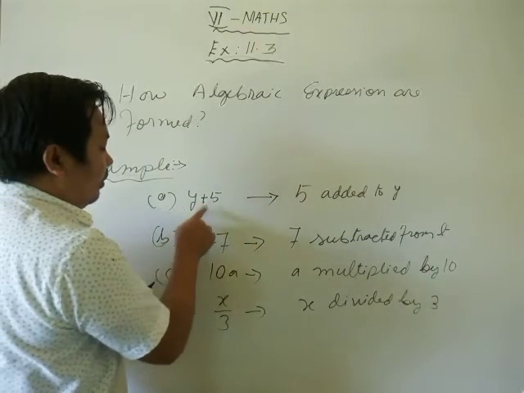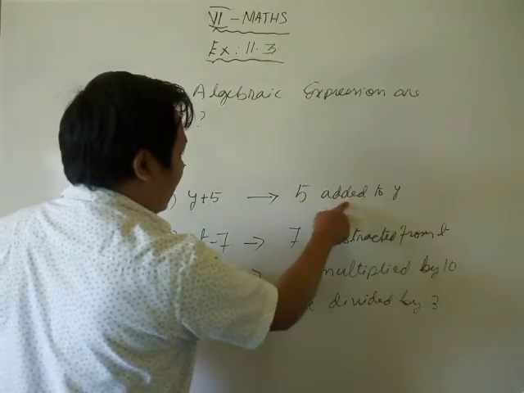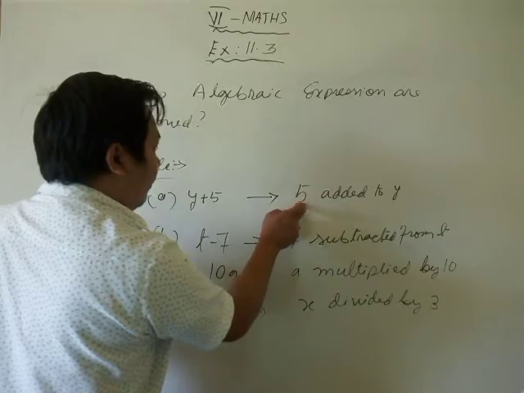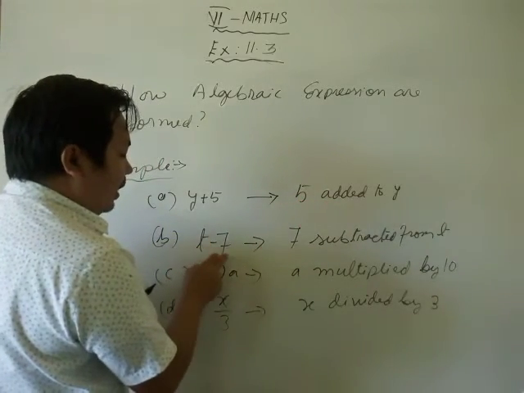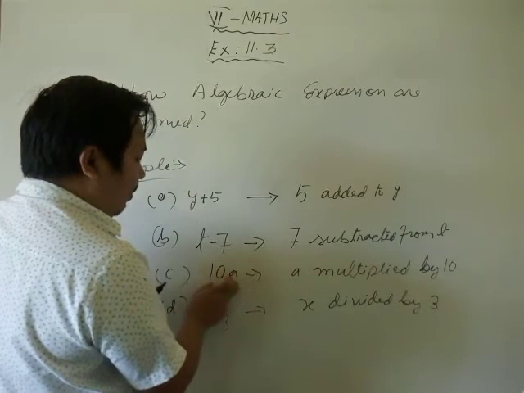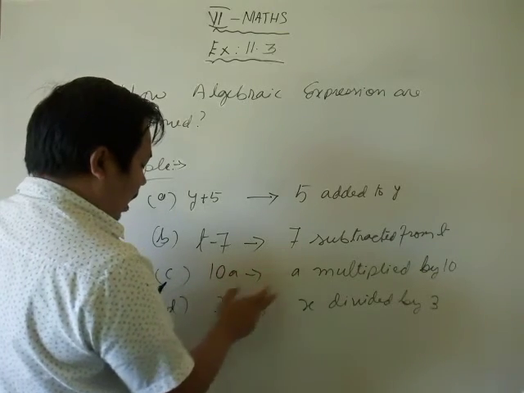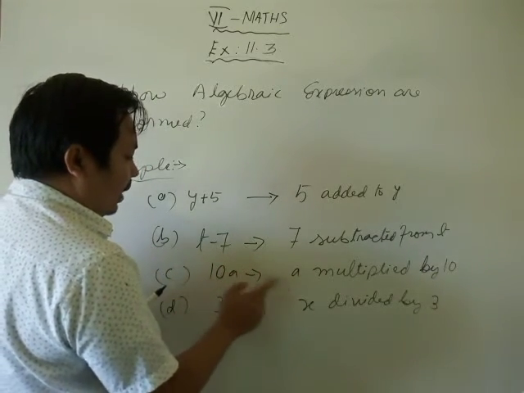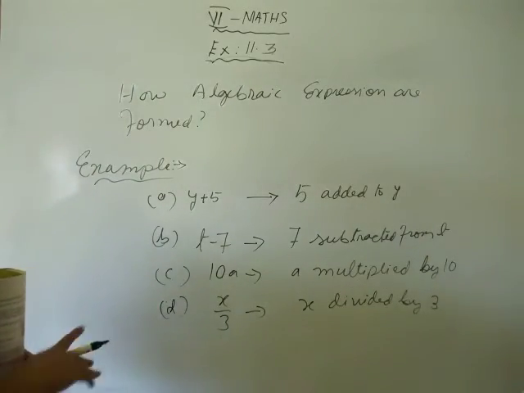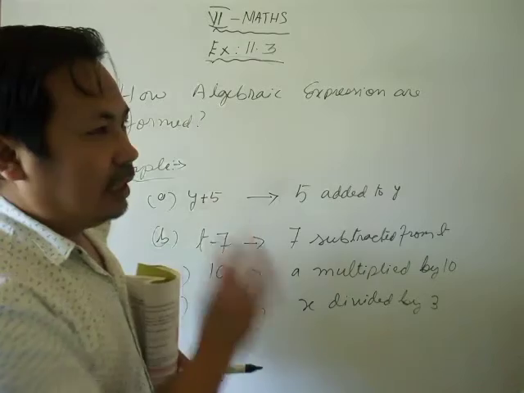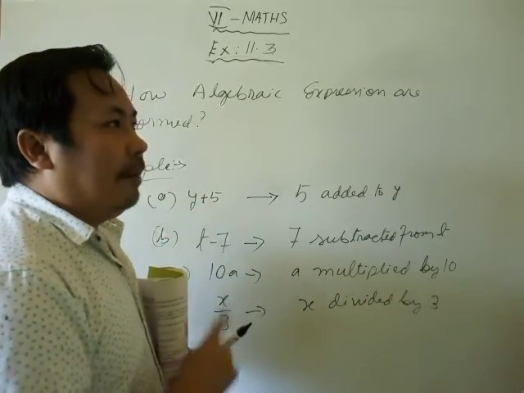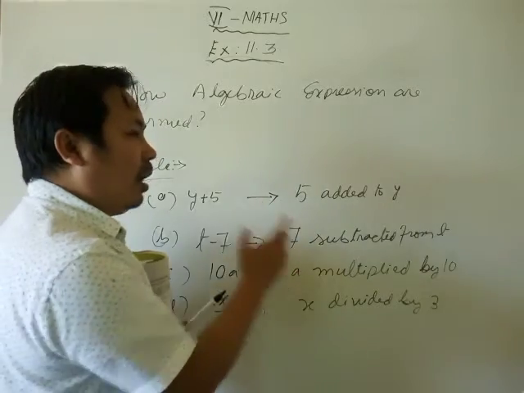For example, y plus 5 is 5 added to y. t minus 7 means 7 subtracted from t. 10a means a multiplied by 10. And x by 3 means x divided by 3. So this is how the expressions are formed.